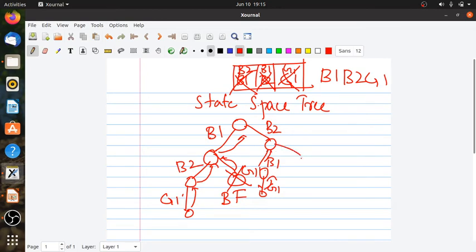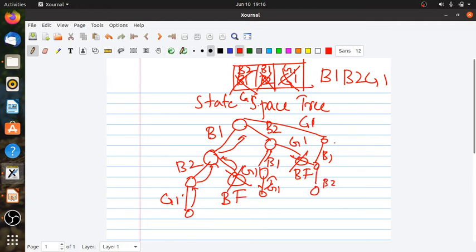The next combination is that we can include G1. The problem is again our constraint, that the girl should not sit in the middle, so that should not be a solution. So it results in the bounding function. Then one more case is that G1 should be in the first place. Then we include B1, then we include B2.